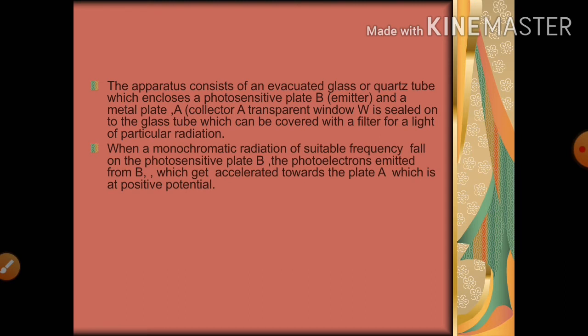Now, when a monochromatic radiation of suitable frequency falls on the photosensitive plate, photoelectrons are emitted from it, which get accelerated towards plate A, which is at a positive potential. This results in the production of photoelectric current.